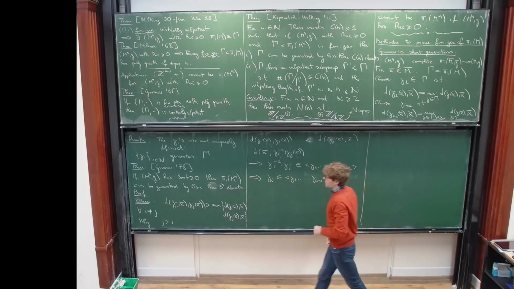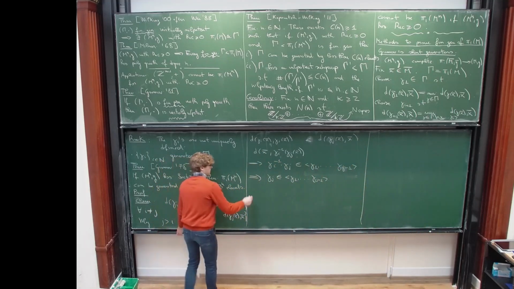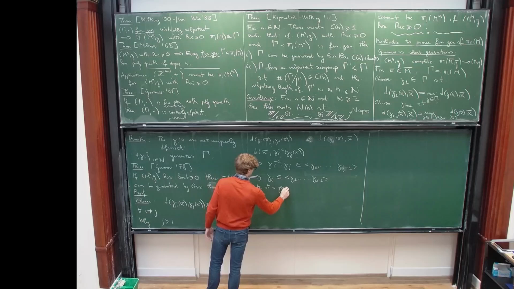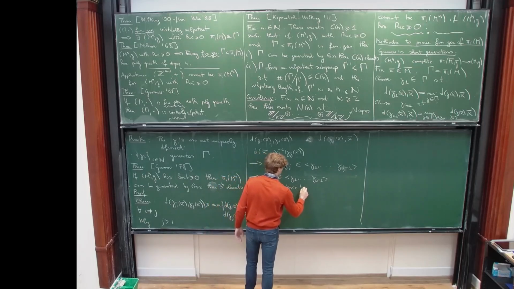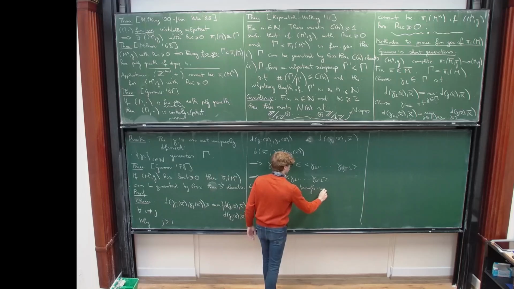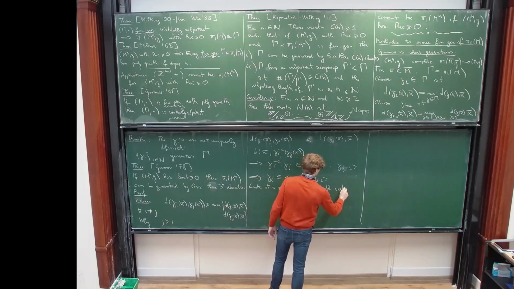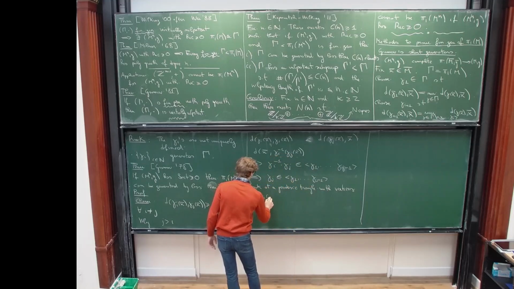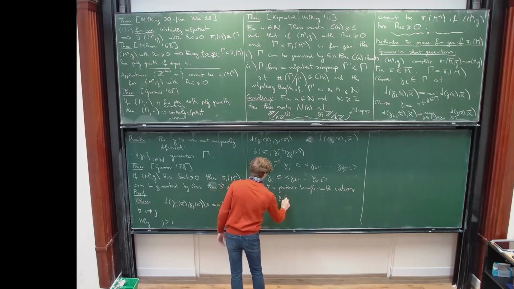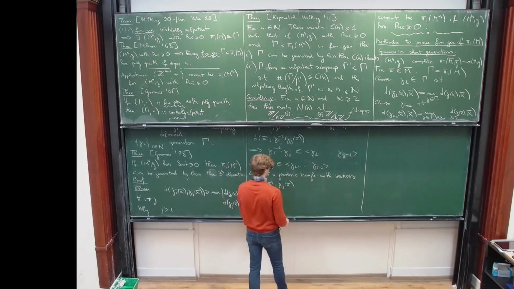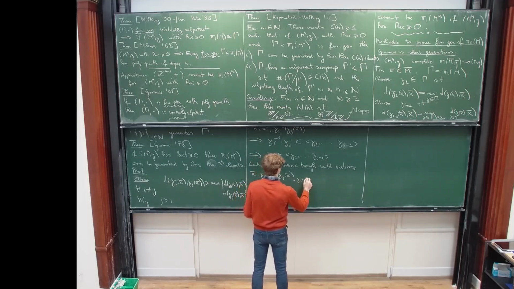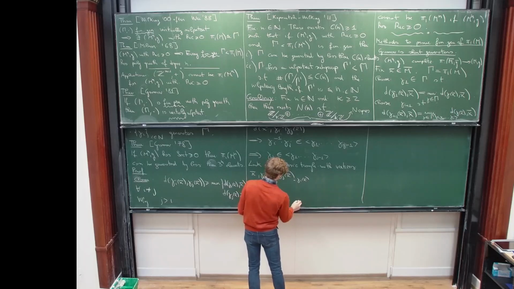So what I got is that if I look at a geodesic triangle with vertices x bar, gamma i of x bar, and gamma j of x bar, let's draw a picture here. Here is x bar, here is gamma i of x bar, and here is gamma j of x bar.